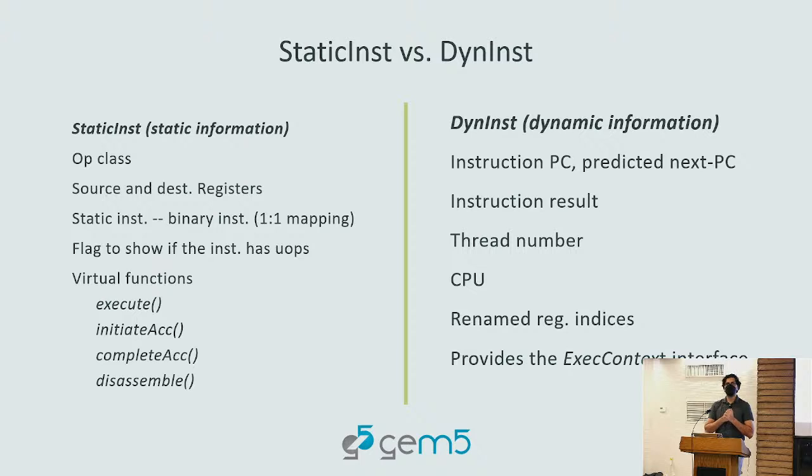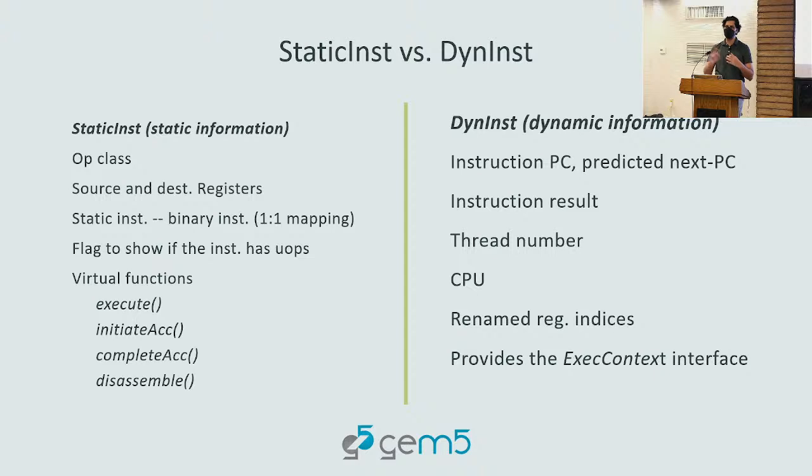So the static instruction, as the name might suggest, has all the static information about an instruction, like what's the operation class, what are the source and destination registers. There's a one-to-one mapping between the static instruction and the actual binary instruction or machine instruction.